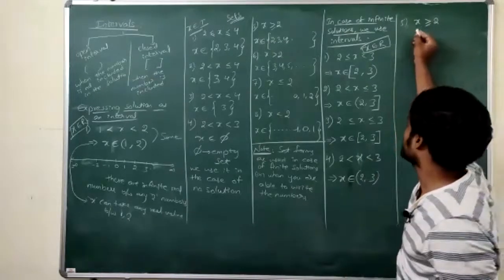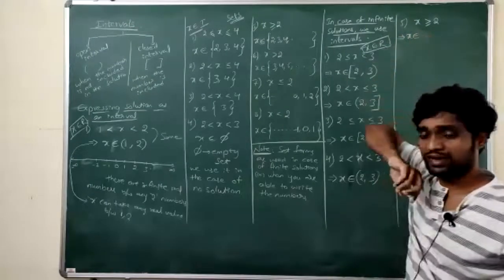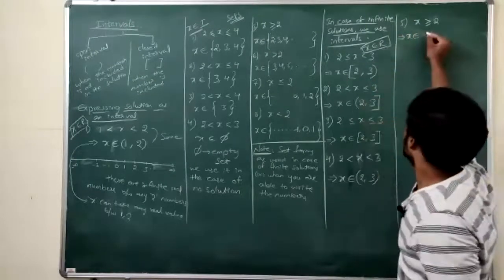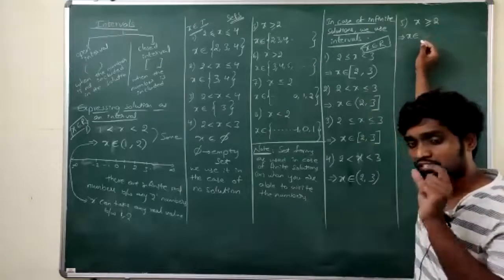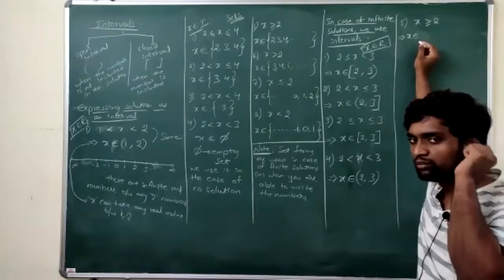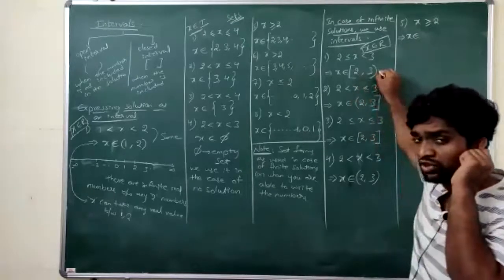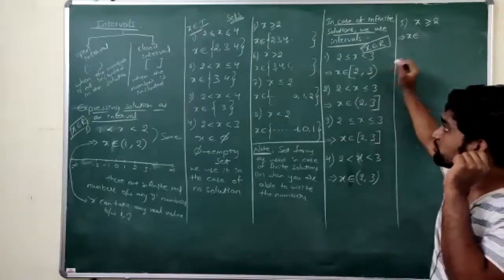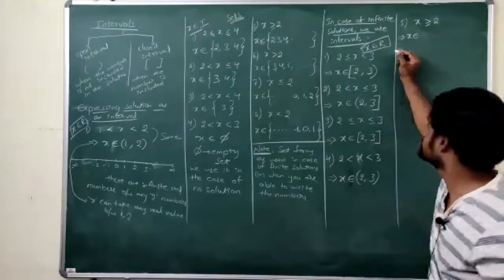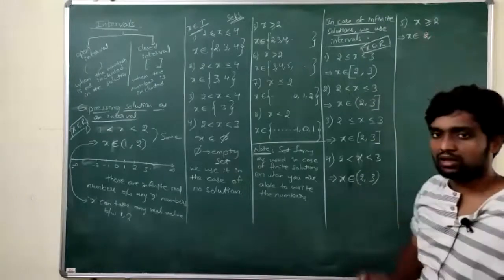How to write this in interval form? x belongs to, what are those two numbers you're going to write here, between which x values lie? 2 comma, what are you going to write?